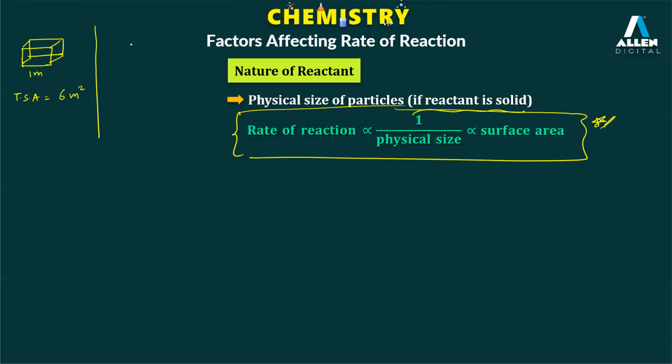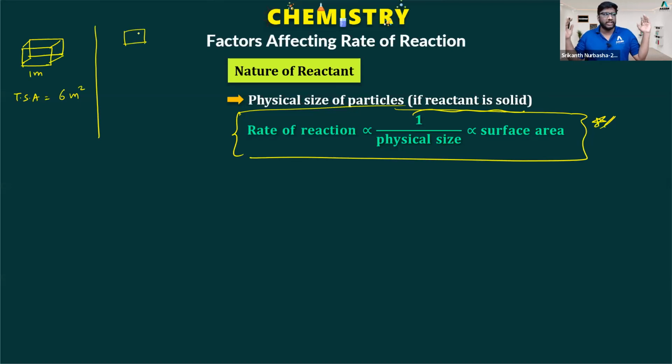So 6 meter square. Now I am dividing the cube in the x direction, in the y direction, and the z direction exactly in half. How many cubes am I going to get? Like this room, you are dividing it in the x direction, y direction, and z direction.